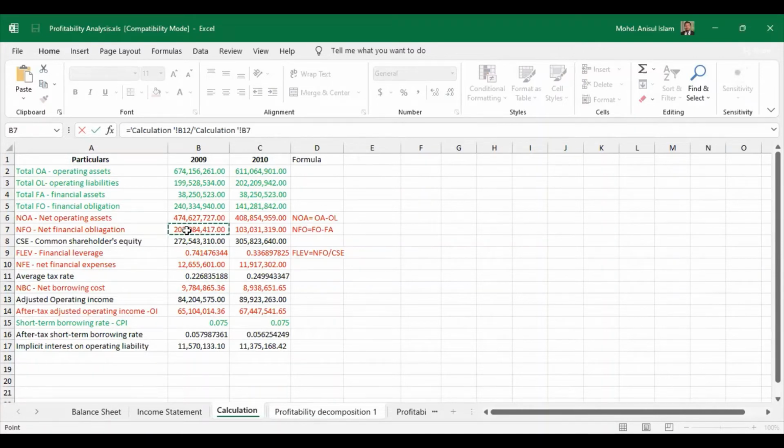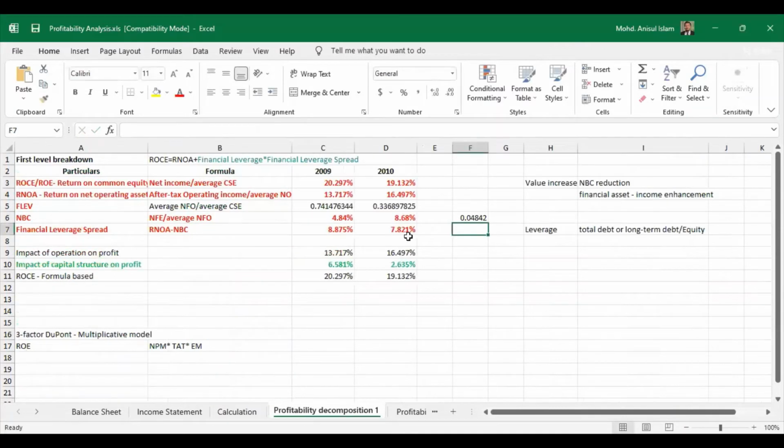So if we divide the after tax net financial expenses, or here NBC, by the net financial obligations, we see that this is the net borrowing cost in terms of percentage. Now we see the net borrowing cost in terms of percentage.